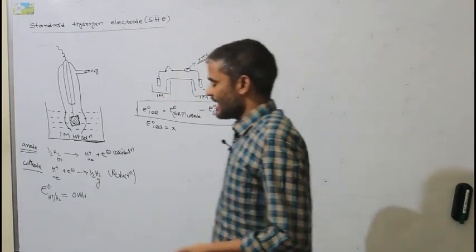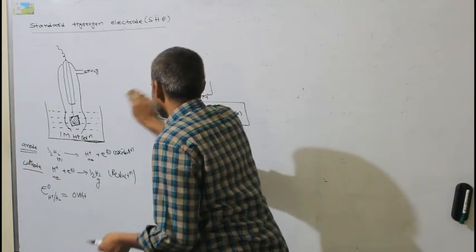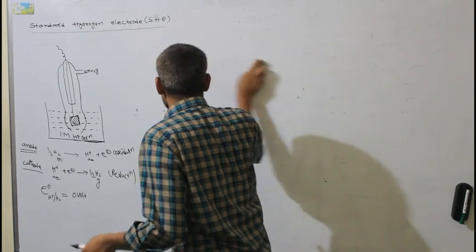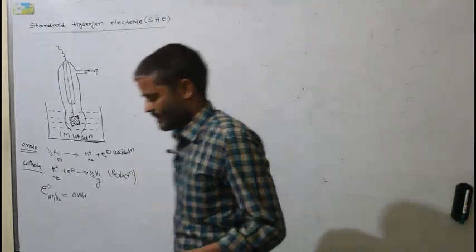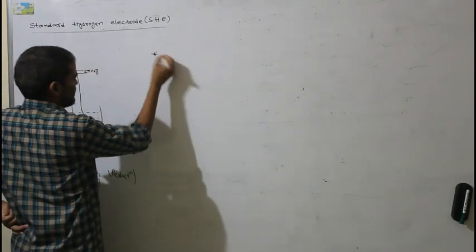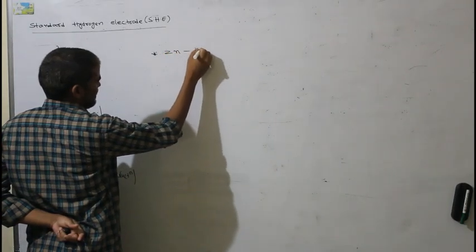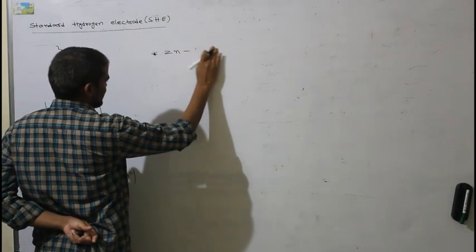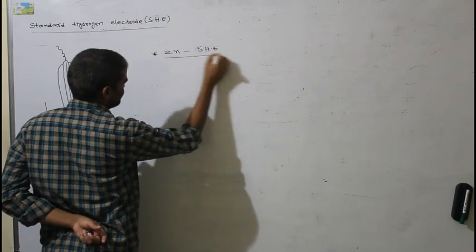Okay, how can we calculate the reduction potential of unknown metal electrodes? Let's see. For example, I will take zinc and the standard hydrogen electrode, SHE, a galvanic cell of zinc and standard hydrogen electrode.